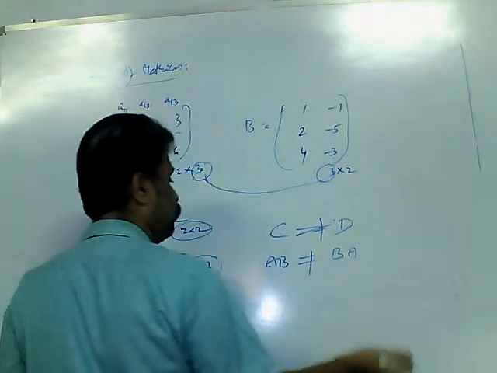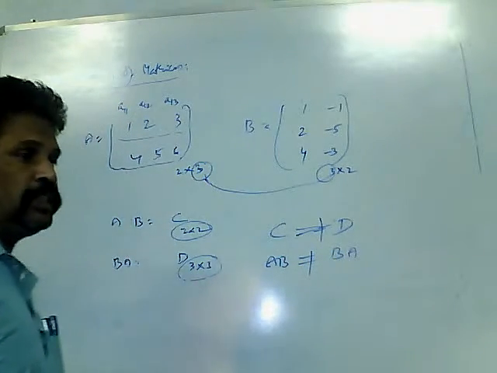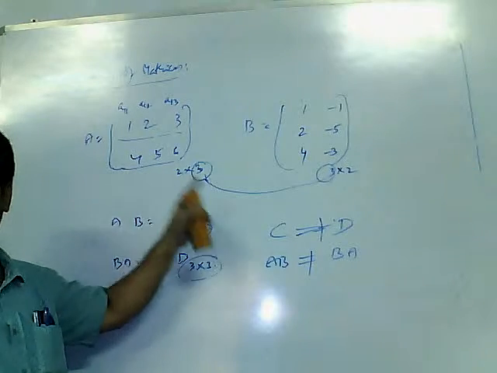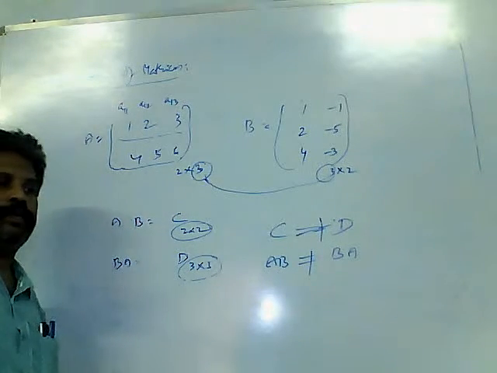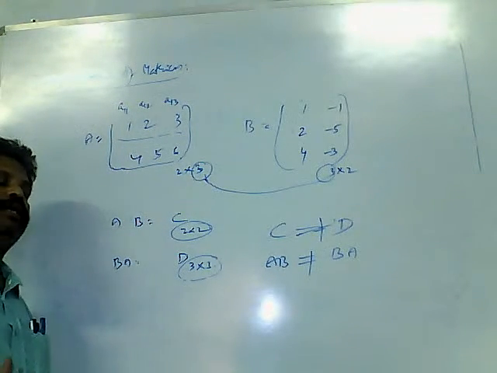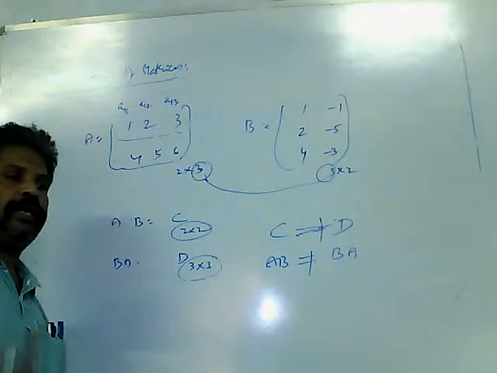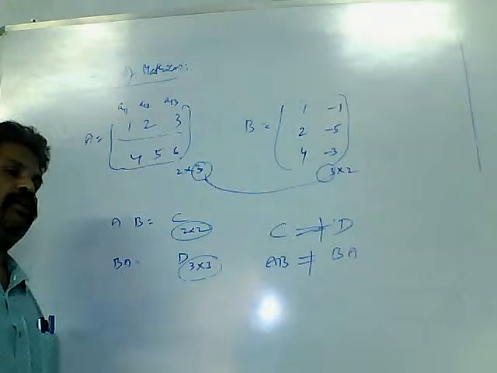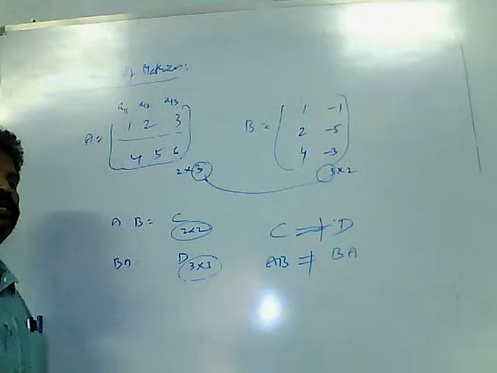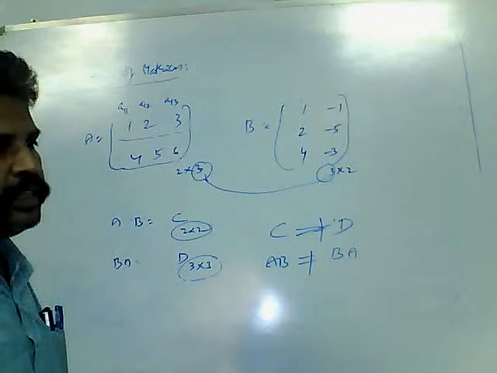But to have AB and BA feasible, their orders should be reversible. A is 2 by 3 and B is 3 by 2. Or A is M by N, then N by M. Otherwise, M by P, P by N, then you will never have BA if AB is valid, or you will never have AB if BA is valid.